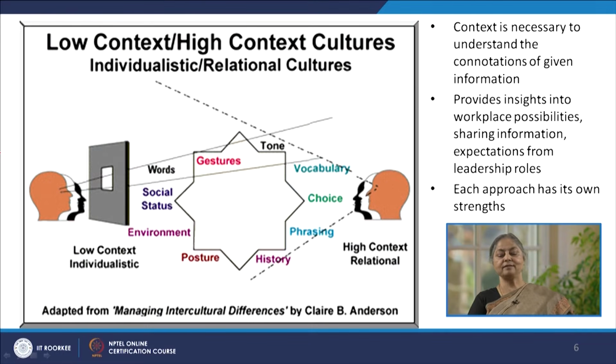It also provides us insight into different possibilities at the workplace in order to share information properly and at the same time to judge what are the expectations of different people from leadership role. We can say that each approach has its own strength.